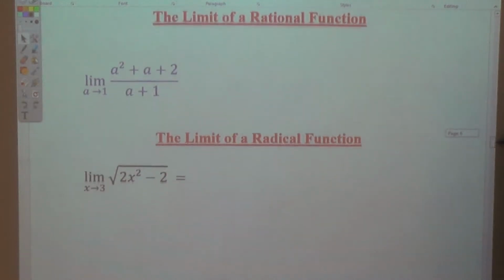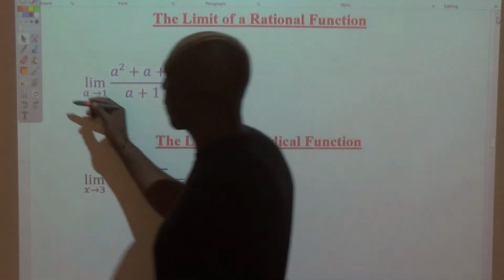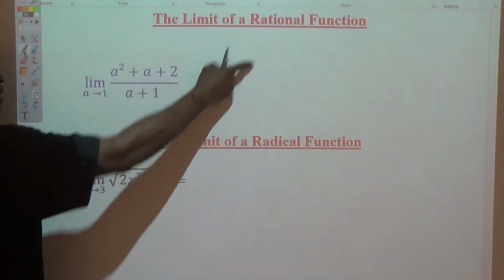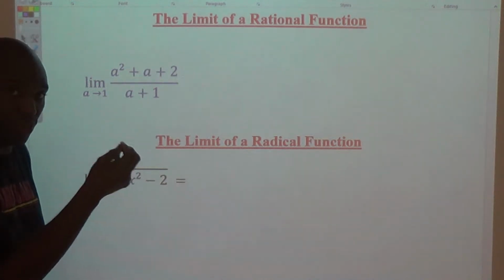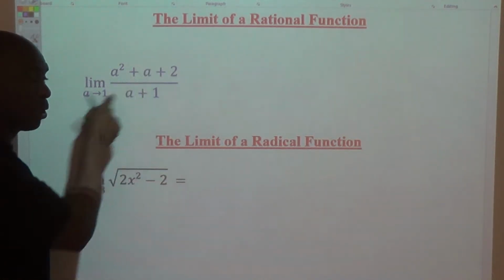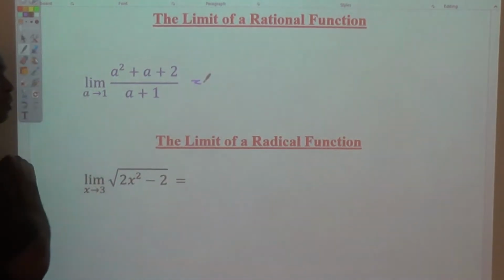All right. The limit of a rational function. Rational meaning that we have a polynomial numerator, polynomial denominator. That's what makes it rational. Polynomials are both numerator and denominator. Okay, again, direct substitution.